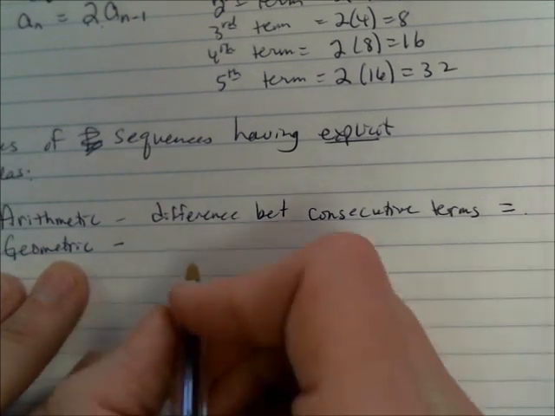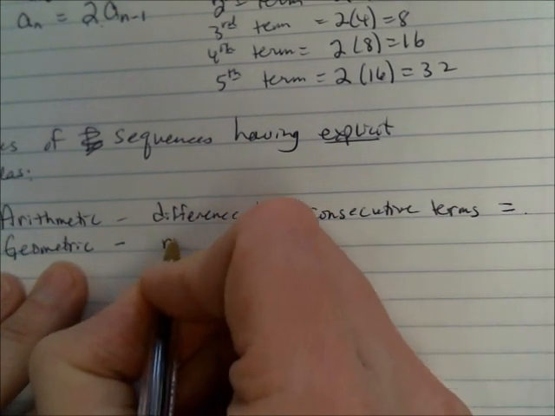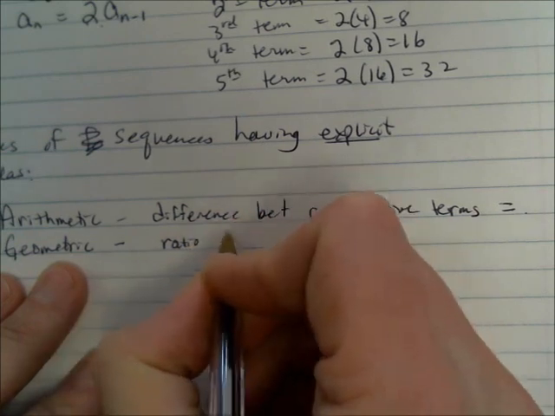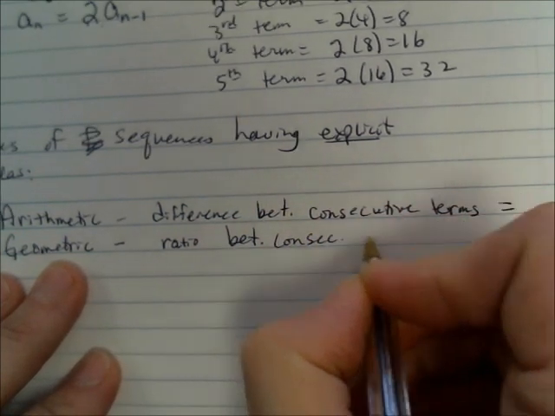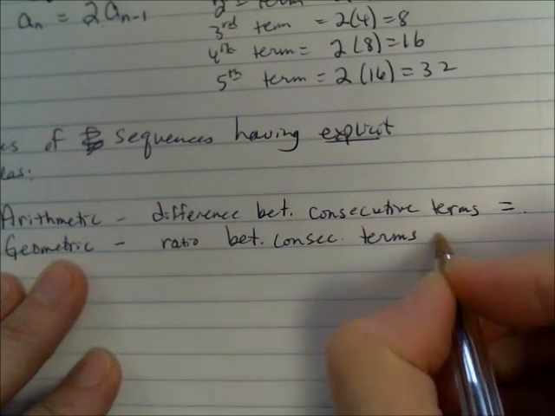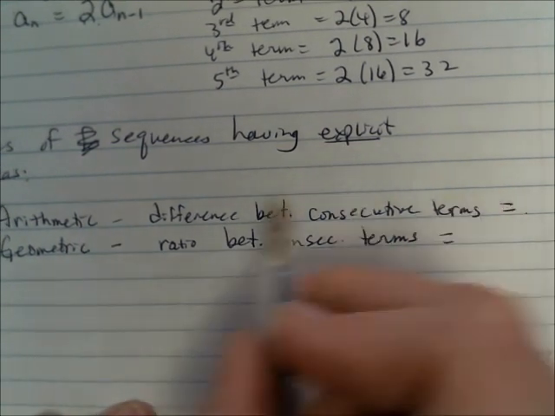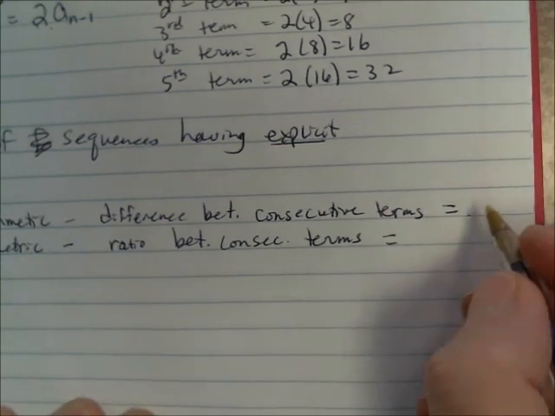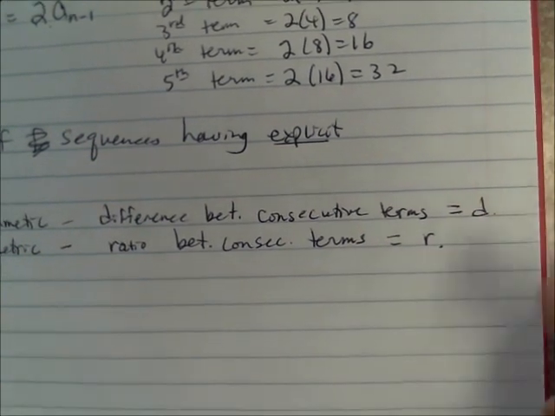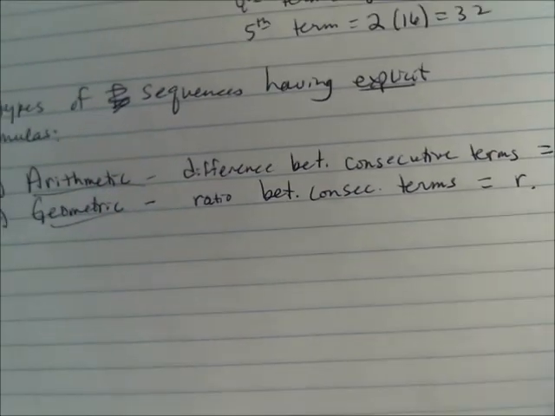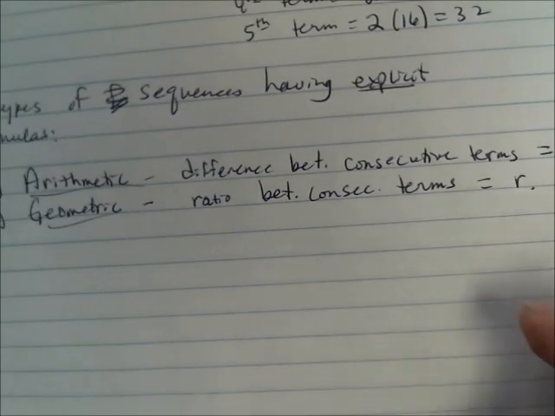In a geometric sequence, the ratio between consecutive terms is always equal. And the difference is called D, and the ratio is called R. So these are two totally different types of sequences, arithmetic and geometric.